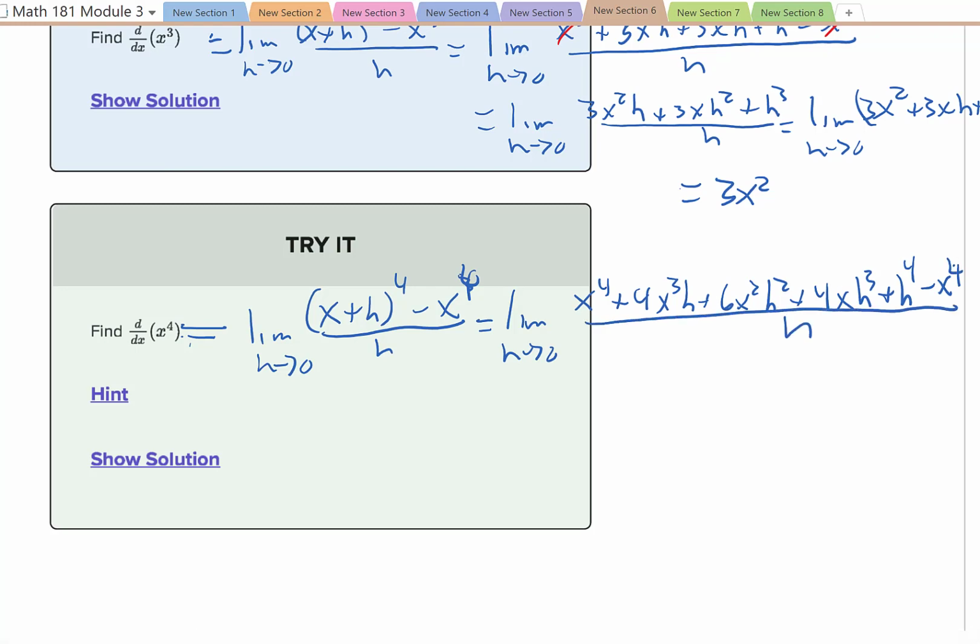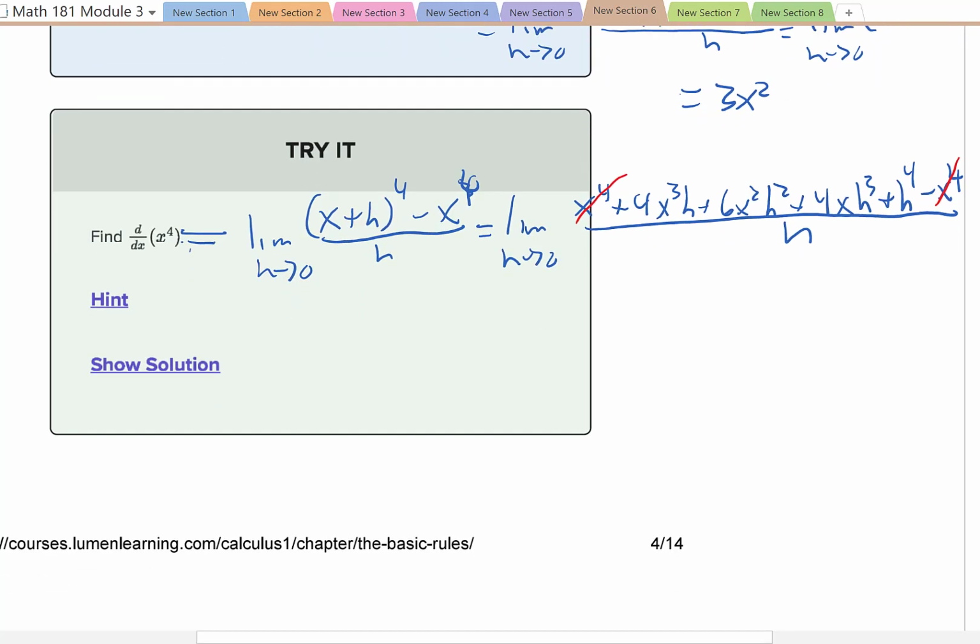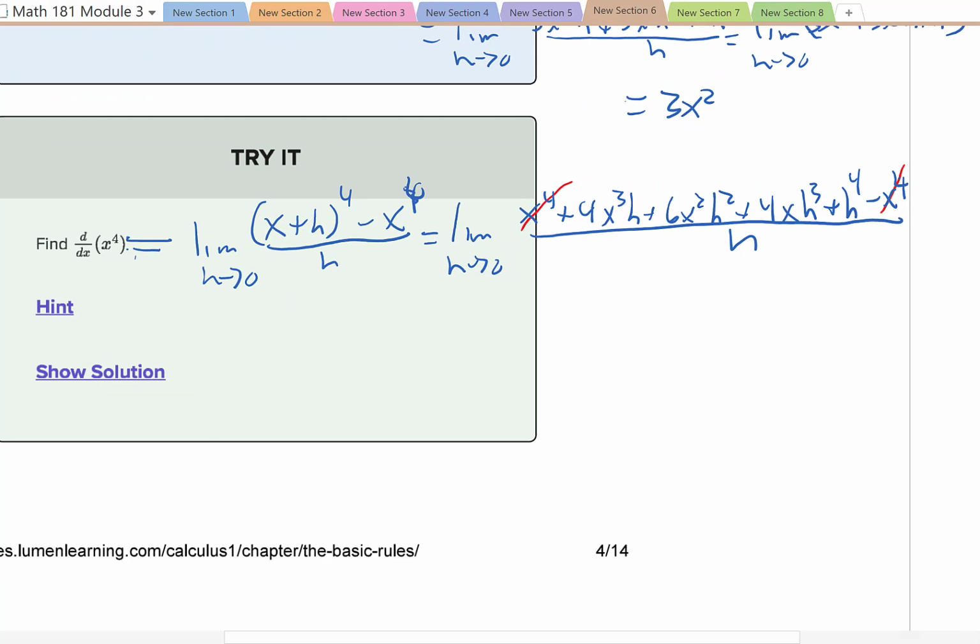And again, we're going to see these x to the fourths subtract out. Everything left has an h in it. So we have the limit as h goes to 0 of 4x cubed h plus 6x squared h squared plus 4xh cubed plus h to the fourth, all divided by h.